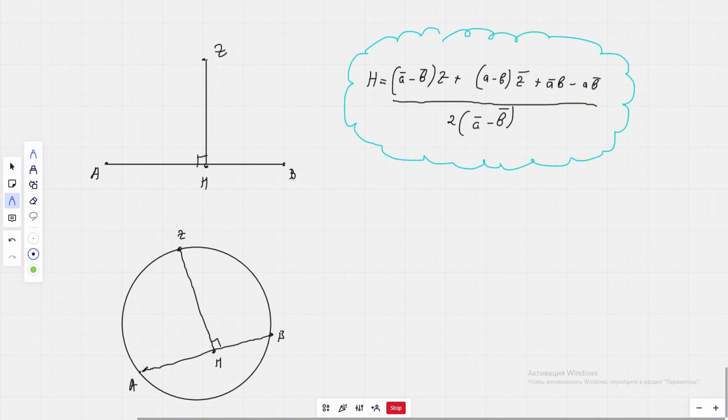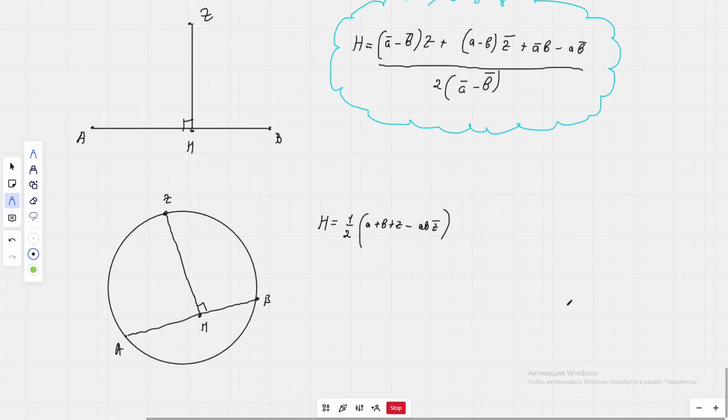If we have that points A, B, Z lie on the unit circle, then the foot of the altitude from Z to the line AB, let it be H, is given by this formula: A plus B plus Z minus AB and Z conjugate.